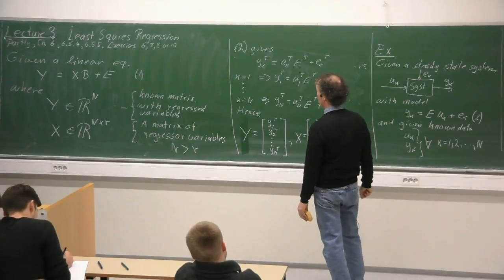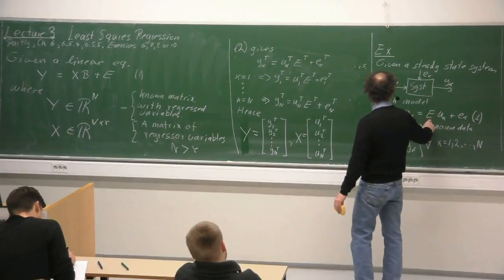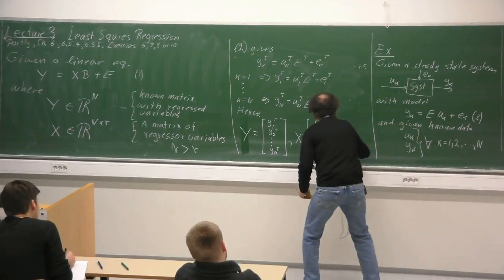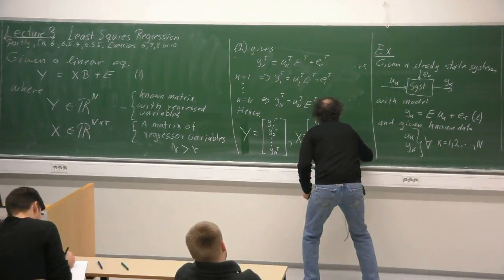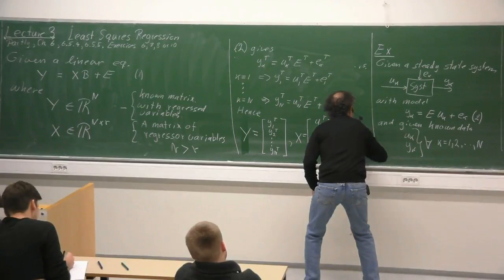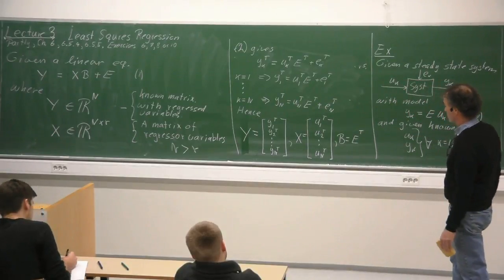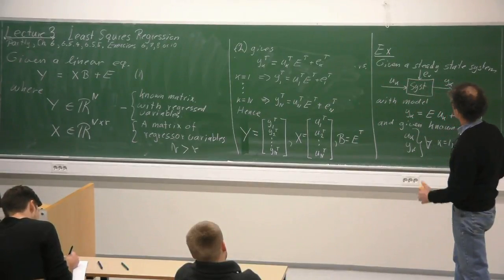And then the matrix of unknown coefficients is this E matrix, or the transpose. It will be like this.